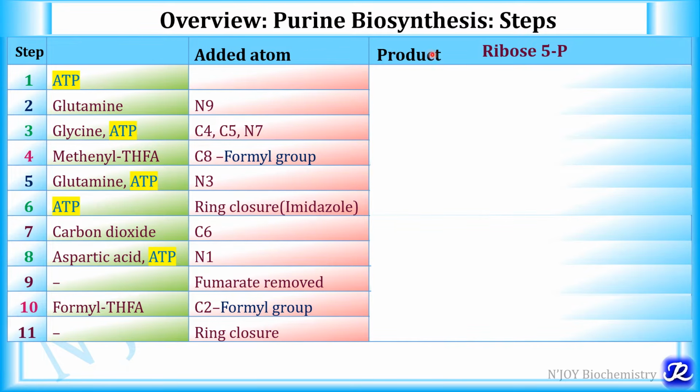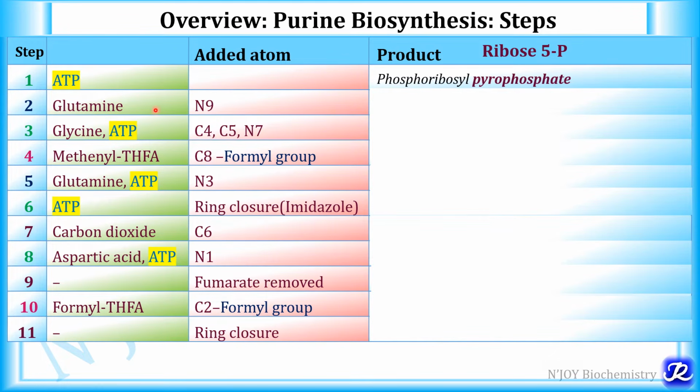So 2 phosphate groups are donated to this ribose 5-phosphate and there is formation of phosphoribosyl pyrophosphate. This is the first product formed, also called PRPP, which is formed in the first step of purine biosynthesis.